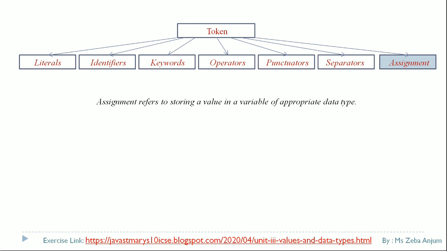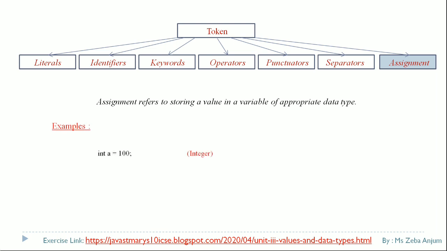Now if we are assigning some kind of value over there for storing purpose, let us say int a equals 10, then it means we are assigning the value 10 to the variable a.